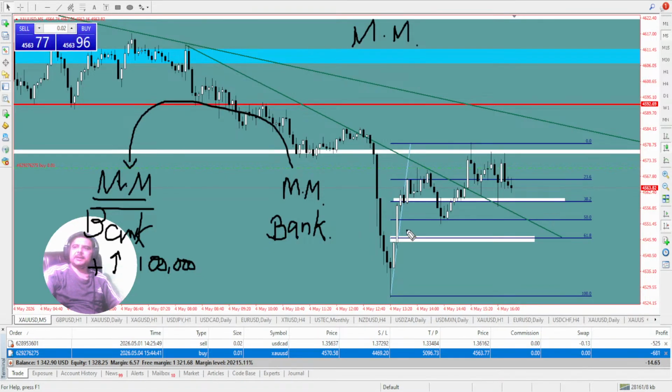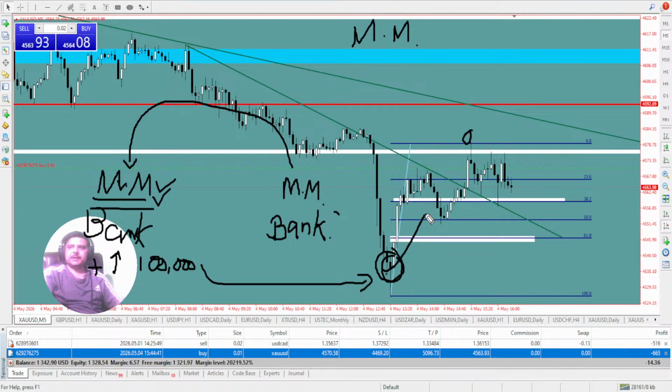This bank buys from here. Why? Because this bank has not the power to move market from here till up there. I'm giving an example. So what he does is he buys the market right here and moves the market back up, taking all of the liquidity.